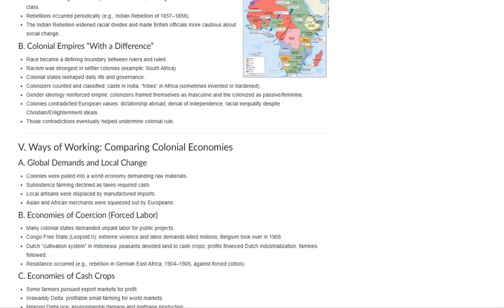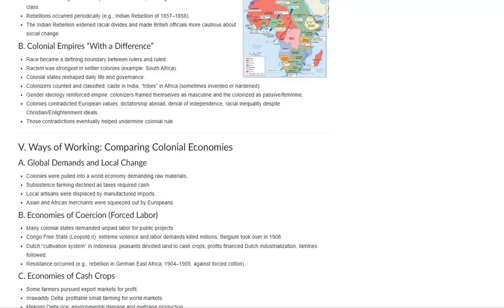Colonizers portrayed themselves as masculine, active, disciplined, strong, and framed colonized peoples as passive or feminine. European women were often presented as symbols of civilization, and some colonized groups were labeled martial races and recruited for colonial armies and police. At the same time, colonial rule also contradicted Europe's stated values.